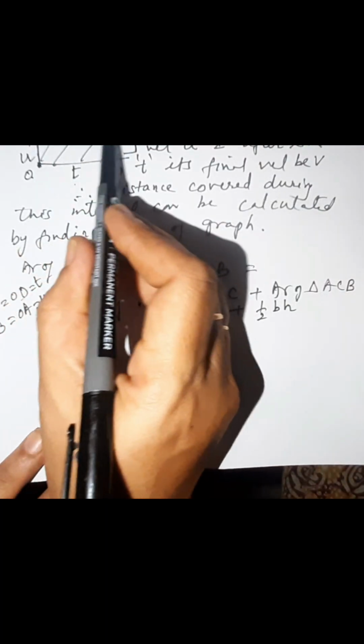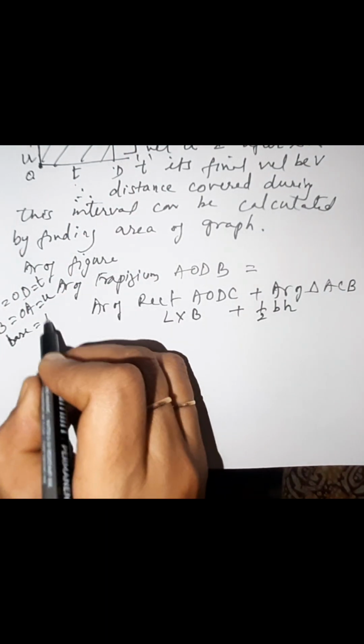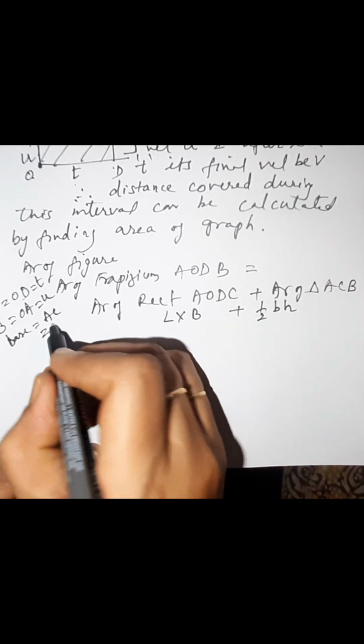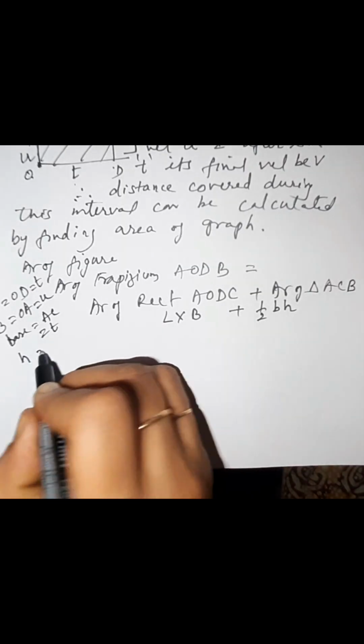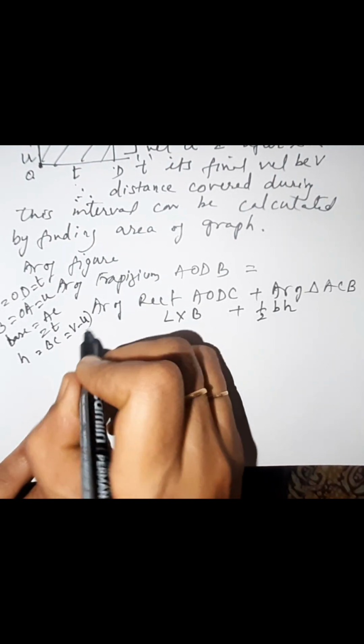For the triangle, base is AC, which is t only, and height is BC, which is v minus u. So it's v minus u.